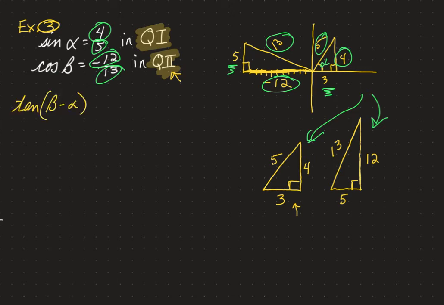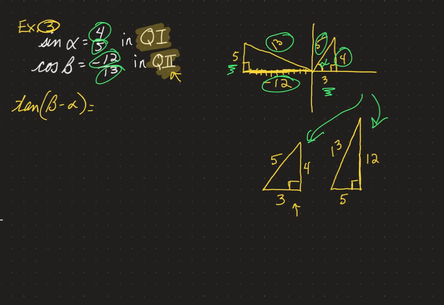So let's evaluate the tangent of beta minus alpha. Okay, first notice the order switched between beta and alpha. Alpha usually comes first. It doesn't have to. We just have to follow the pattern.